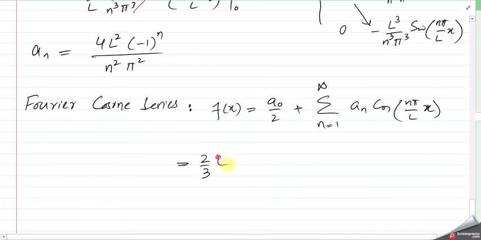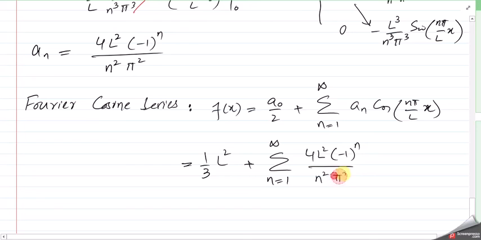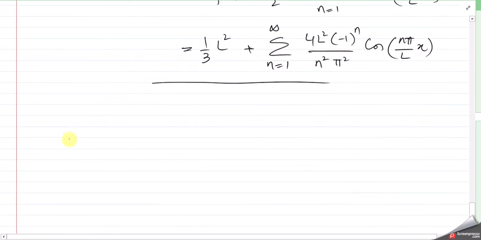When this 1 by 2 multiplies, we'll get 1 by 3 L square plus summation n from 1 to infinity. An is 4 L square minus 1 power n over n square pi square into cos n pi over Lx. So that is our Fourier cosine series.